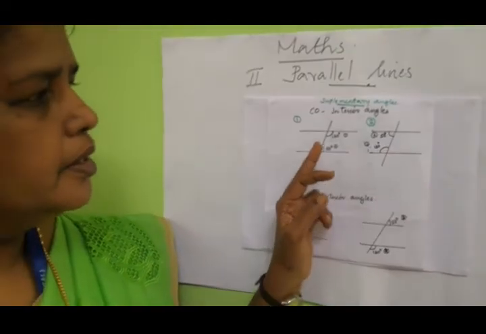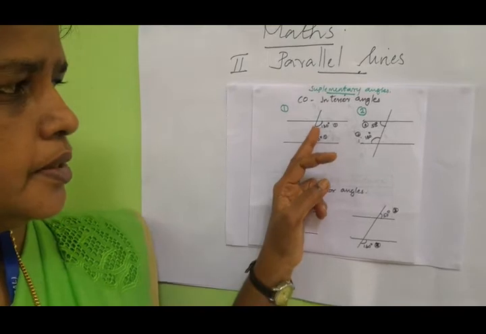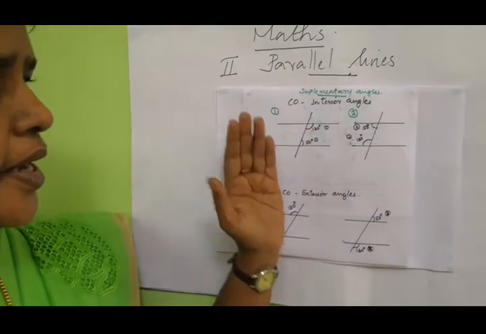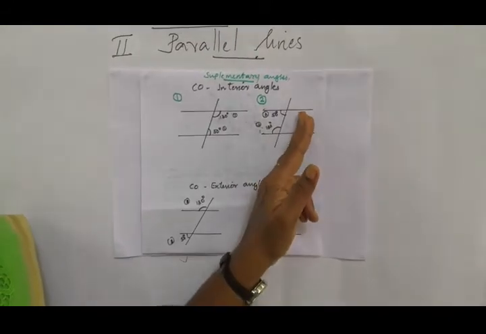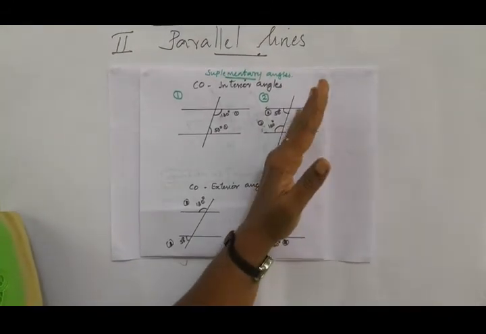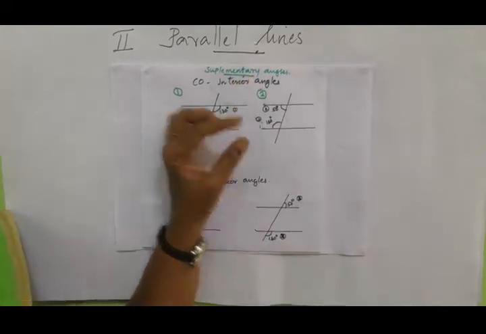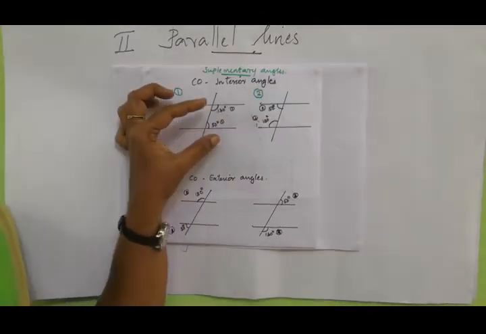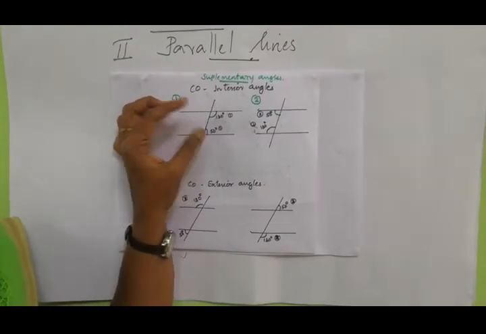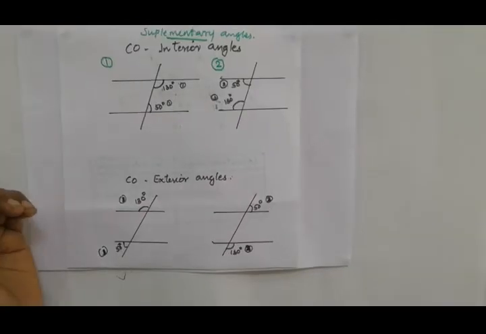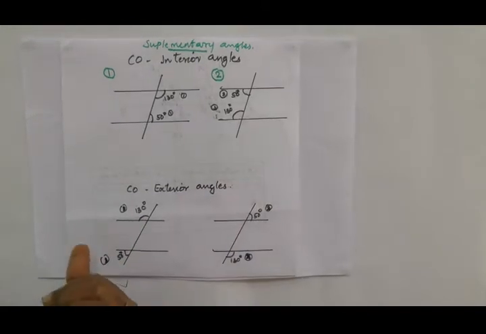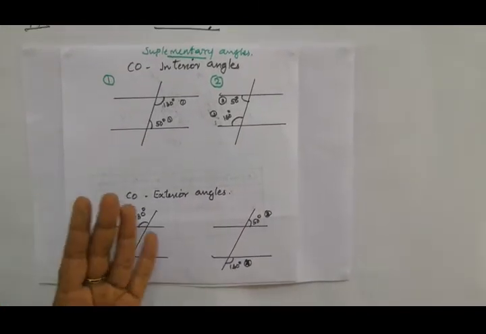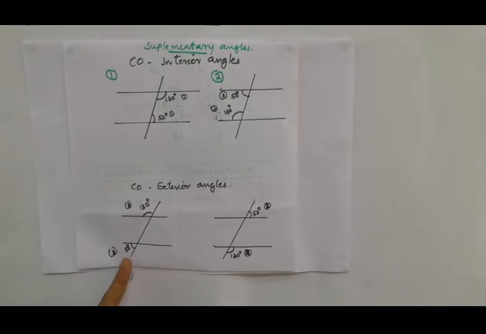Here there is one pair of supplementary angles on the right of this slanted line and another pair of supplementary angles on the left of the slanted line. These two pairs are inside the parallel lines. Next, co-exterior angles. Here parallel lines are cut by another line.